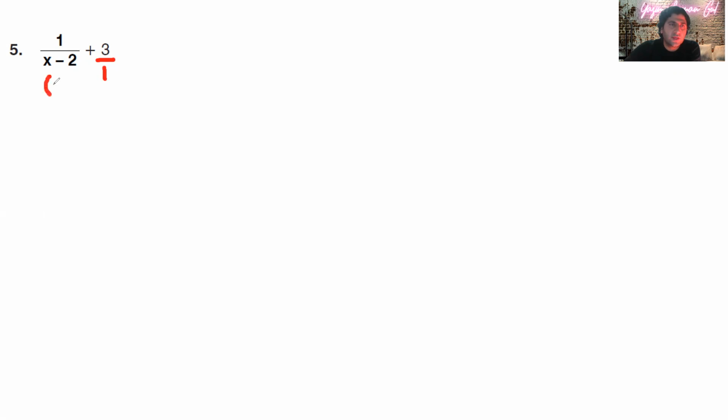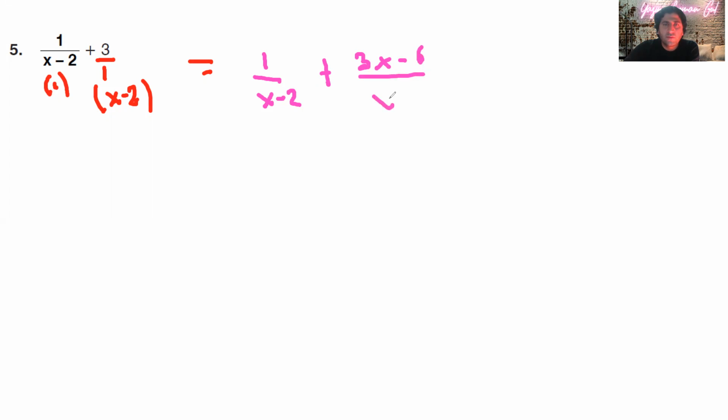Then I'm going to say this is going to be times 1, and this is going to be times x minus 2. 1 times 1 is going to be 1 over x minus 2 plus 3 times x minus 2 is going to be 3x minus 6 over x minus 2.